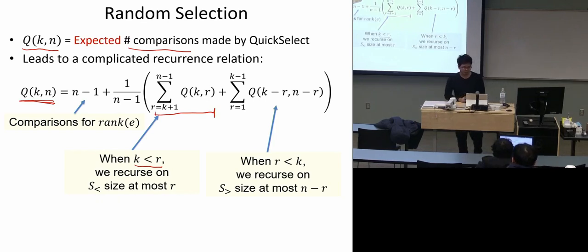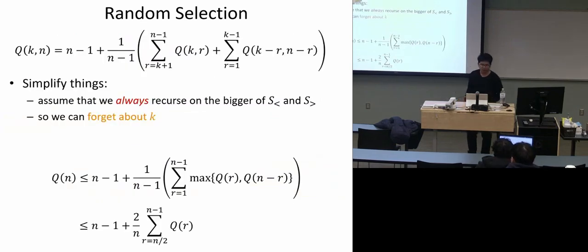It looks complicated, so the way to analyze it is to simplify things by trying to analyze something that is an upper bound of what we need to analyze. We just want an upper bound. So if we can analyze something that we know is worse, but it's easier to analyze, that's okay.